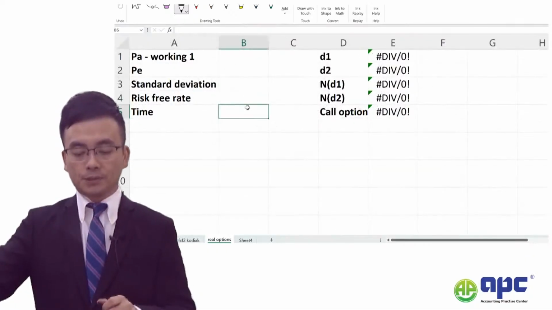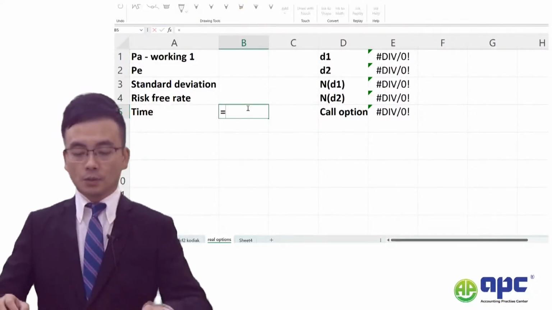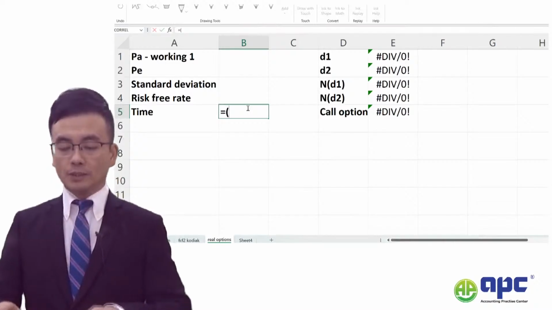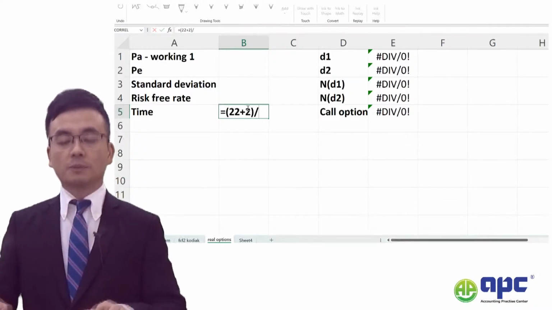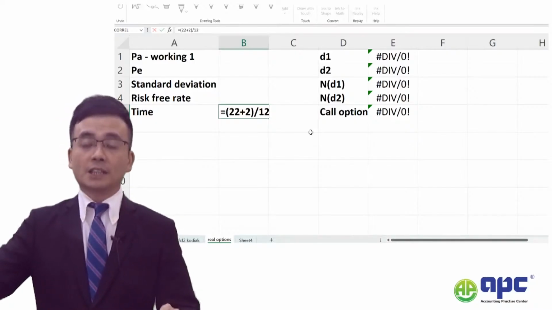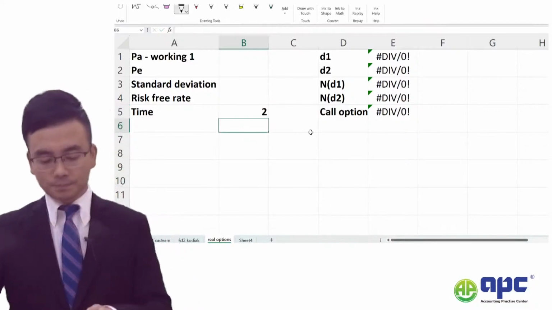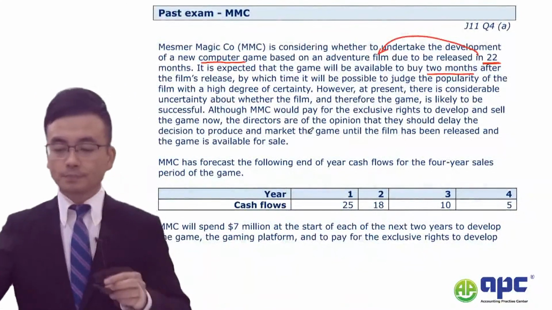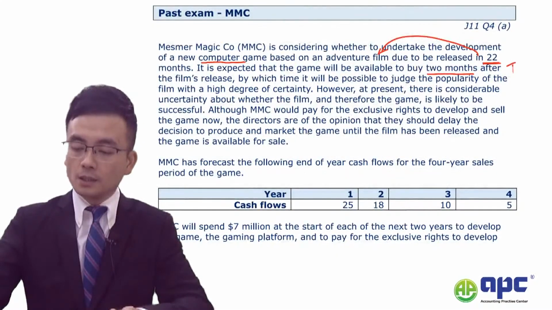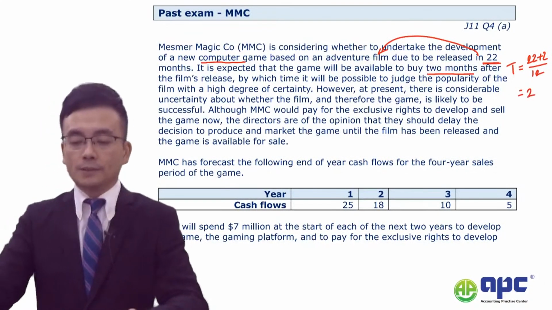You simply input, for example, time will be 24 months over 12 months. So 24 months because I've got 22 plus 2, over 12 months. If you're very, very confident about that, you can directly slot in 2. It's absolutely fine in the exam. 2 years, in other words. So T equals 22 months plus another 2, over 12 months, that would be 2 years they need to wait.